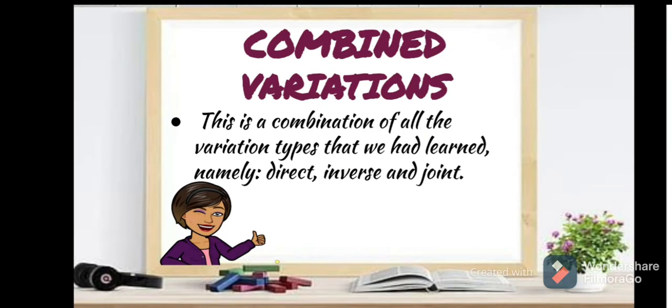And for joint variation, we have more than two variables involved. If we have varies jointly, we can have y is equal to kxz or more variables.